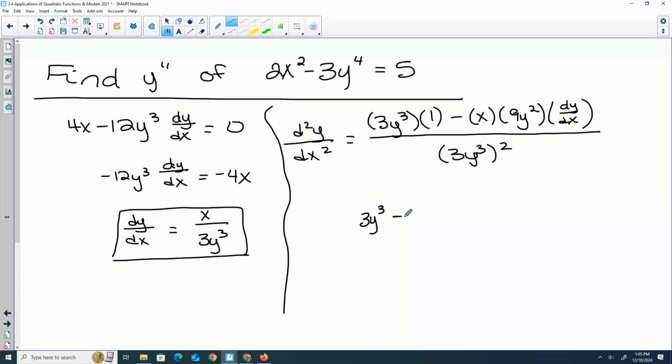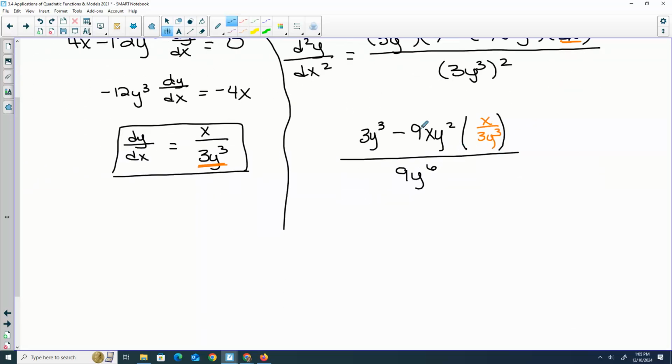So we have 3y cubed minus 9xy squared times, if we plug in dy dx, it's x over 3y cubed. Over low, so 3 squared is 9, y to the 6.